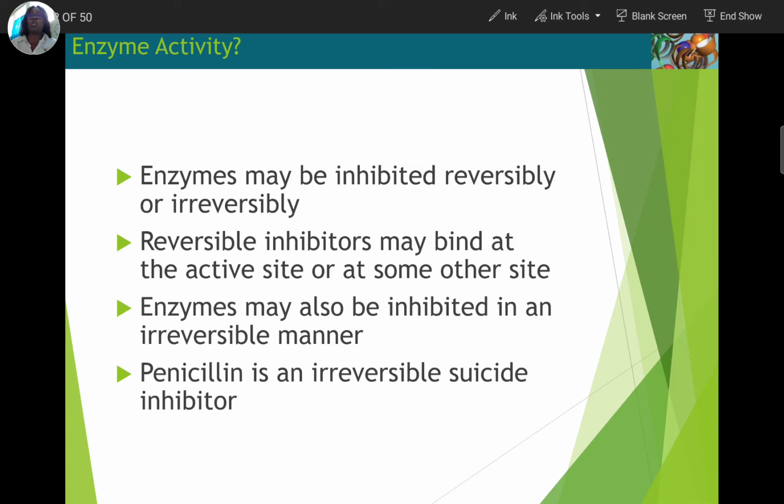That means that once we've caused the enzyme to be inhibited, we are no longer able to activate the same enzyme units. So it is an irreversible process for that particular case. Where we have reversible inhibitors, they can bind at the active site on the enzyme or at some other site.